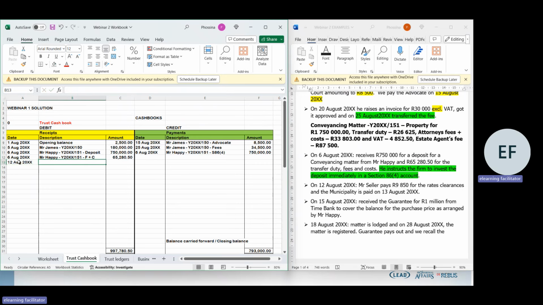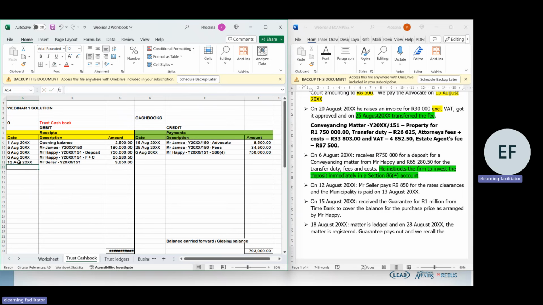So in this case, it is Mr. Seller. The matter is the same, 20XX/15551, and he is paying. How much is he paying? Mr. Seller usually just pays to clear his bills.